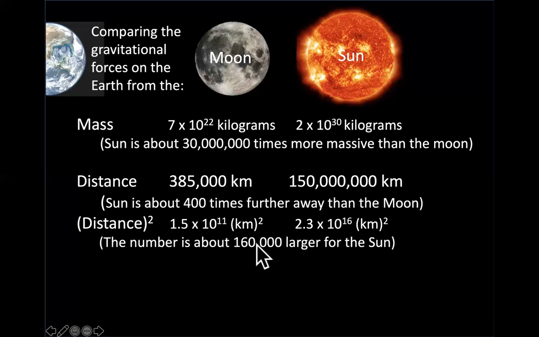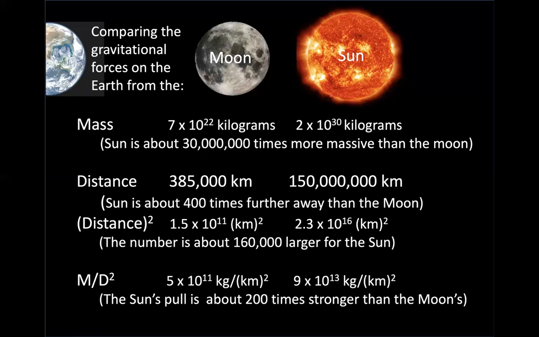That is smaller than the 30 million in the mass ratio. So if we consider mass over distance squared, we find that the gravitational pull of the sun is 200 times bigger than the gravitational pull of the moon.